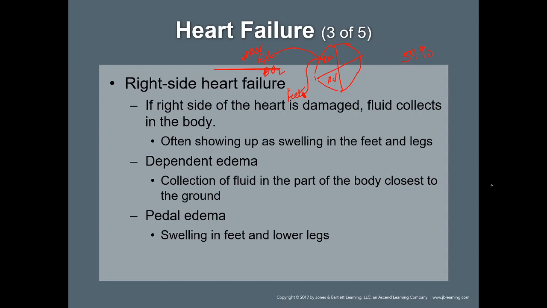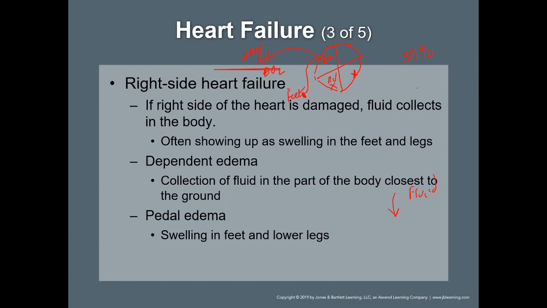And gravity is the reason why it's always in their feet, because gravity takes that fluid down. Okay, that's not too hard to figure out, right? Because if this is not working, you can bet this isn't working either.